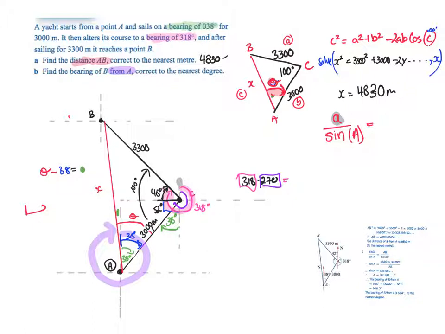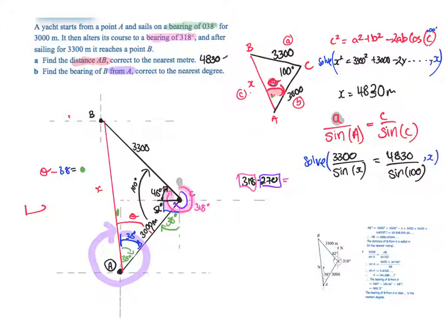We've found side C, so I'm going to use C over sine big C. So I'd plug in my answers: 3,300 over sine X, that's what I want to know, equals C, which we just found, 4830 over sine 100. So you're going to put solve into your calculator here, and let's go find out what that angle is.